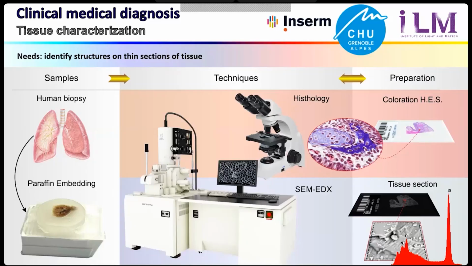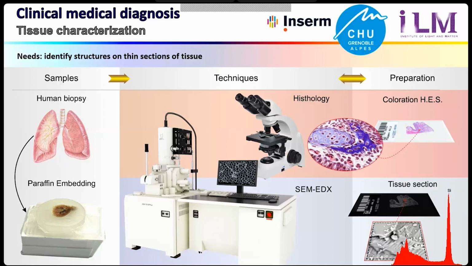And what you have to know, if you are not familiar with that, is that in hospital, if you are doing surgery, the doctors take a part of the tissue that was removed. They process it with sample fixation using paraffin. It allows you to conserve the tissue for many years. So this is paraffin embedding.